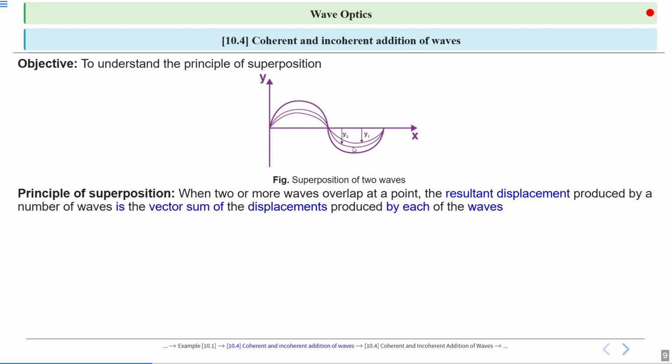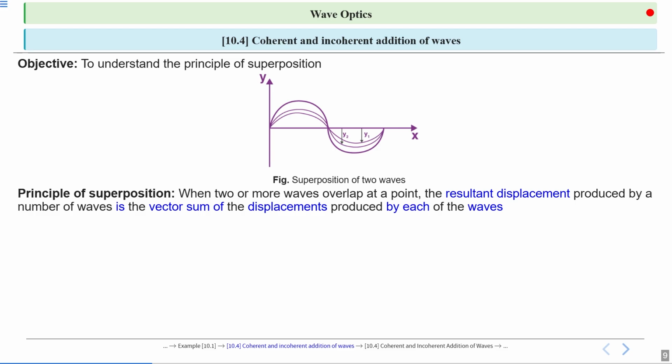But it is not compulsory that crest always lies on crest or trough on trough. It can be in any orientation. According to the principle of superposition, when two or more waves overlap at a point, the resultant displacement produced is the vector sum of the displacements produced by each of the waves.